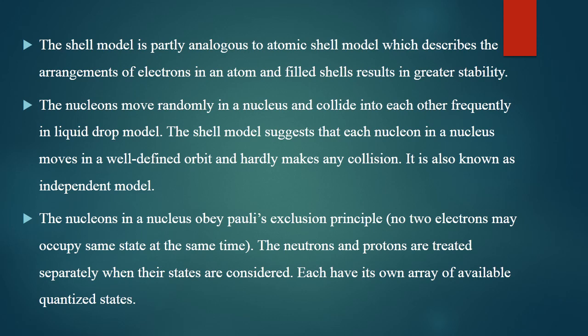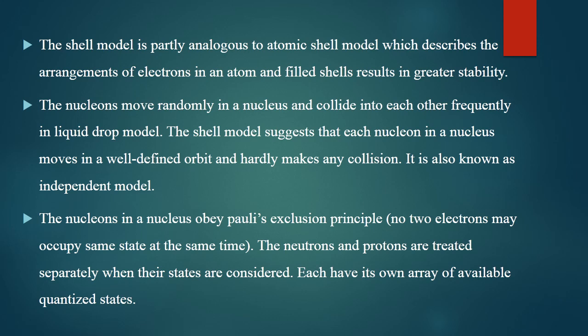The shell model is the next level in explaining the movement of nucleons inside a nucleus. It suggests that each nucleon moves in a well-defined orbit and hardly makes any collision with others, which is why it is called an independent model.